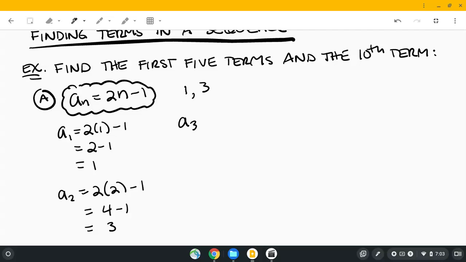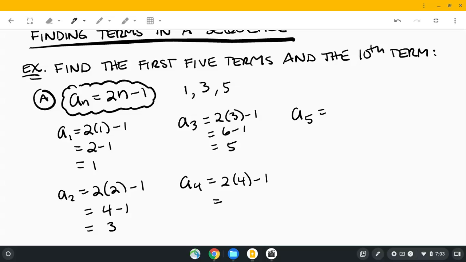Same thing with the third term, the fourth term, and the fifth term. And so here we get 5. For this one, we get 7. And for this one, we get 9.